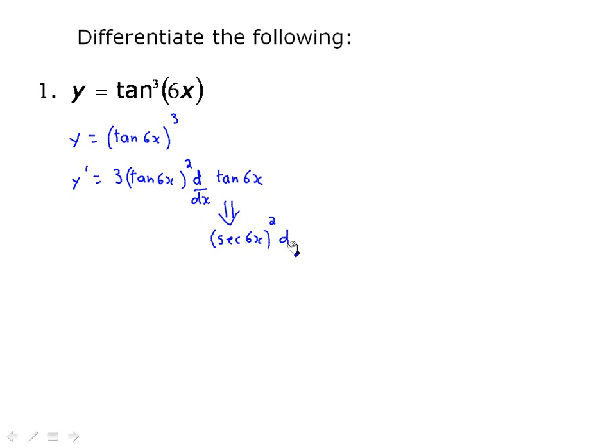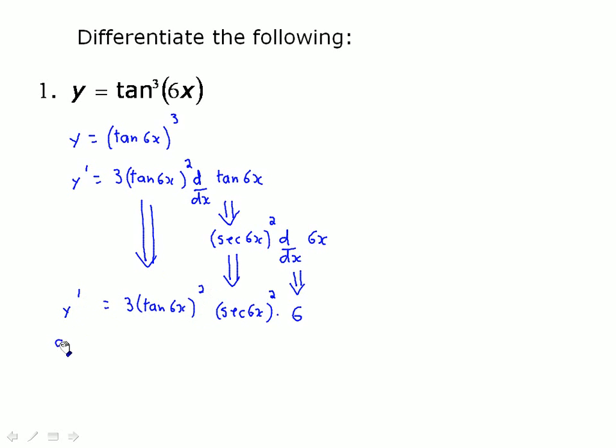But then we have to multiply it by the derivative of the inner, which is 6x. I think that most of you will not go through all these steps when you're differentiating something like this, but this is what your brain is doing. So this is the secant of 6x squared multiplied by 6, and then this is times 3 tan of 6x squared.